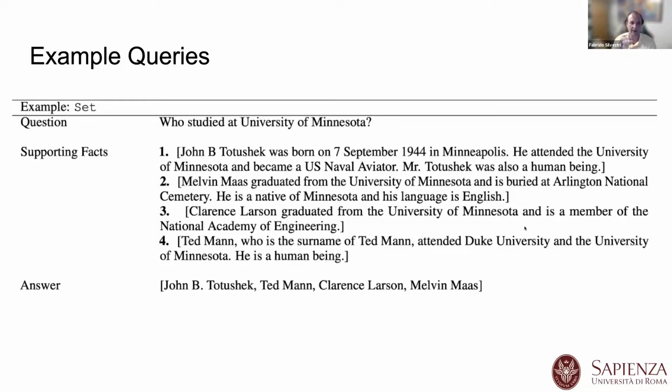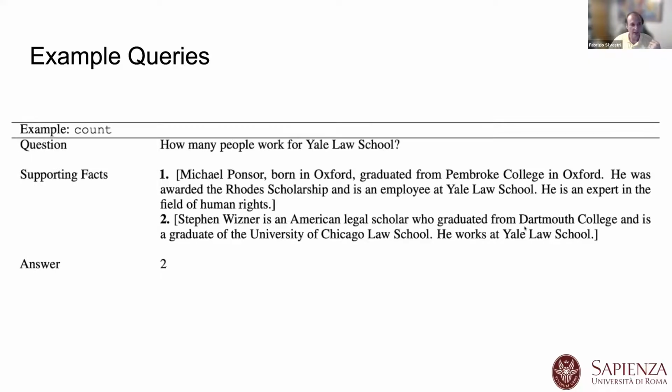And mind the fact that these supporting facts are the facts supporting the answer, but these are not necessarily the only input to NeuralDB. I want to stress this. These are the supporting facts, and it's an important concept. This is the concept of facts that should be used to actually reply to the query, to the question.